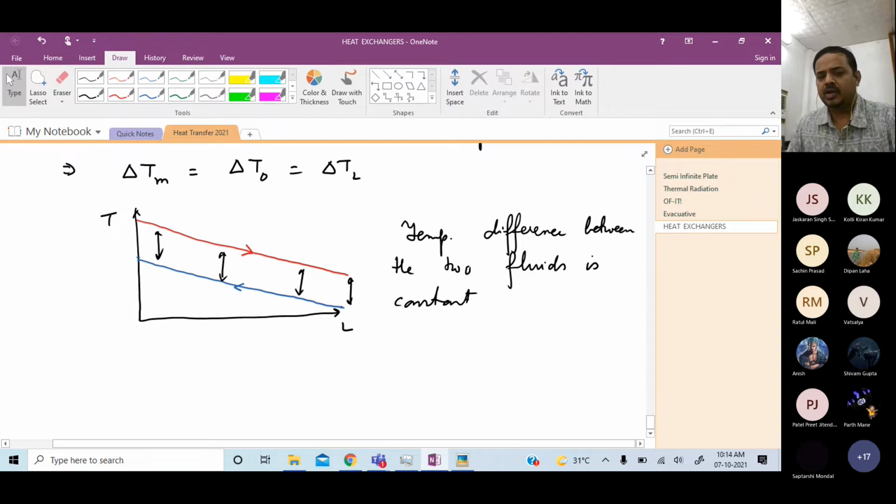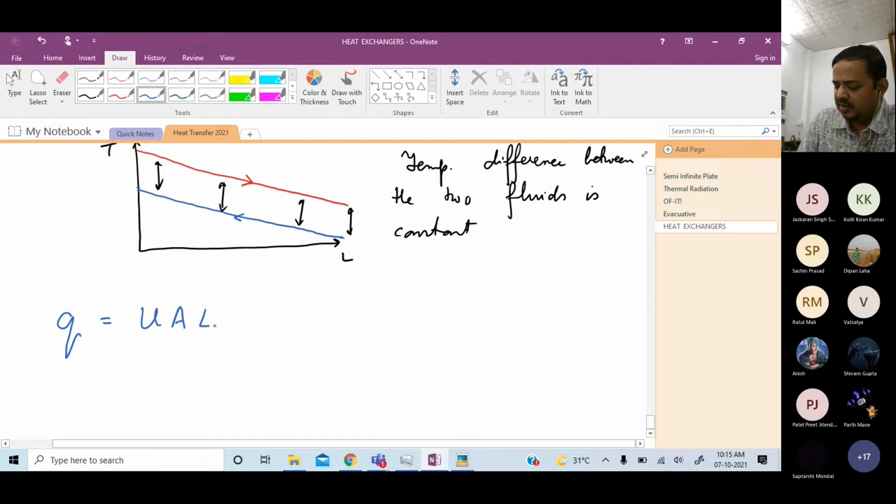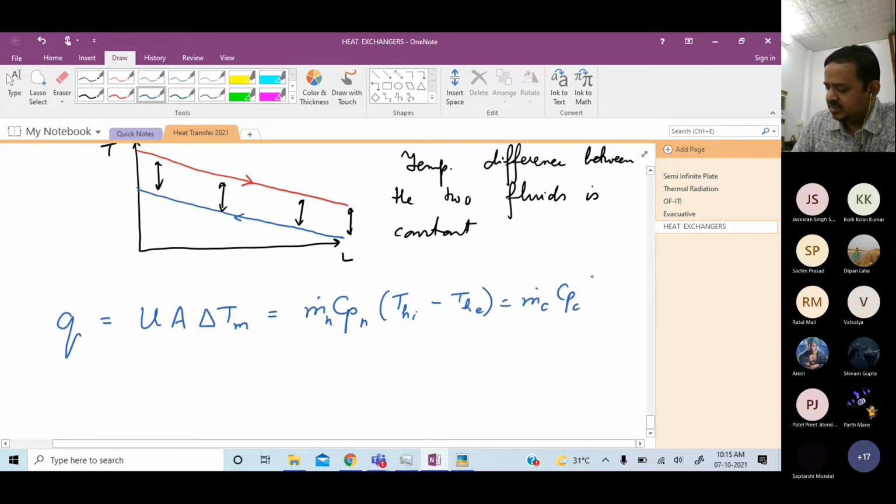All right. So we have talked about the log mean temperature difference for counter flow and parallel flow. Again, remember, the crux of any heat exchanger problem are these three equations: Q is equal to U A delta Tm, which is equal to m dot h Cph times Thi minus The, which is equal to m dot c Cpc times Tce minus Tci, where h and c stand for hot and cold fluids.